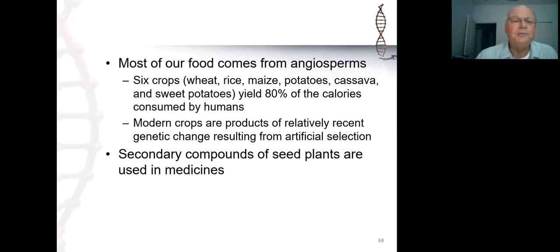So corn is derived from a little weed that grows in Central America called teosinte that looks absolutely nothing like corn. Modern wheat, we've talked about before, is a product of a three-way hybridization event. It's a hexaploid. Rice, as we know it in its modern form, is derived from a grass that grows in Southeast Asia.